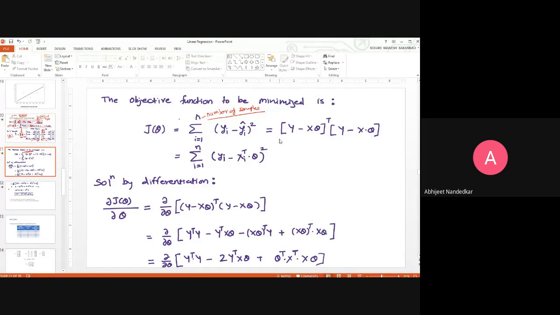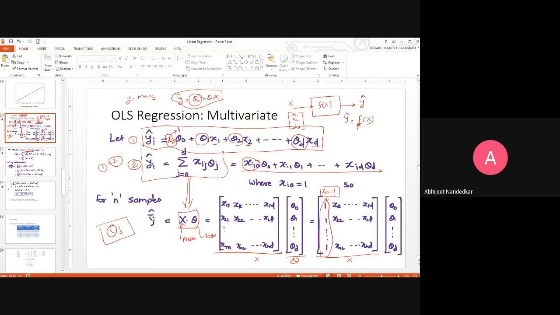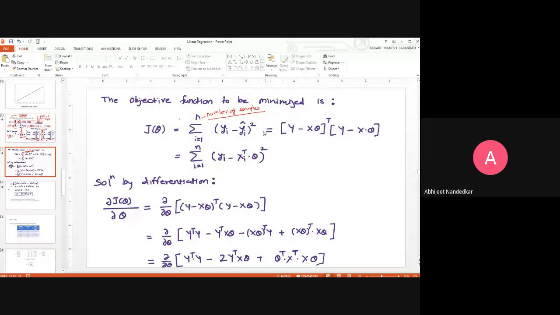So this squared difference we can write in terms of vectors as y minus x theta. So what is x theta? X theta is equal to the estimation that we have seen in the last slide. Y cap is equal to x theta. So for y cap I am substituting x theta. So (y minus x theta) transpose (y minus x theta) is nothing but J theta.